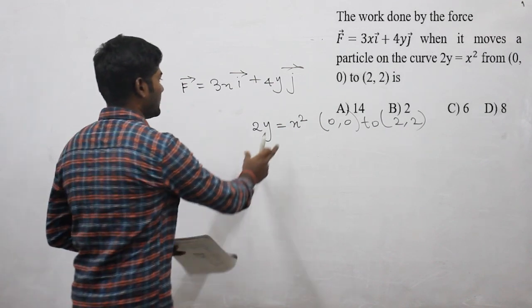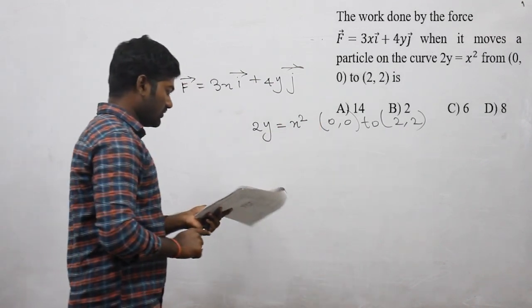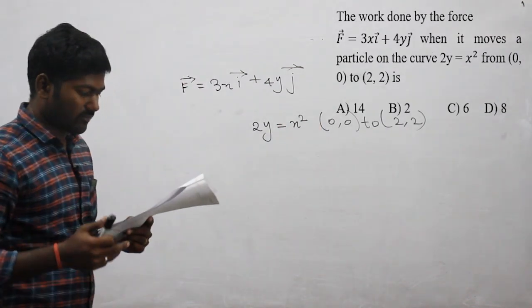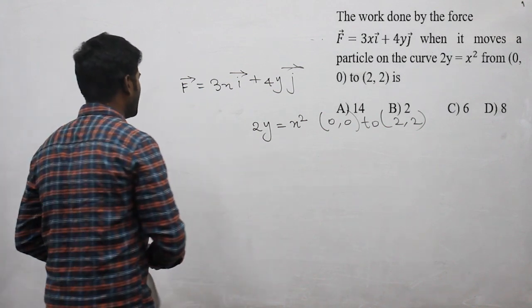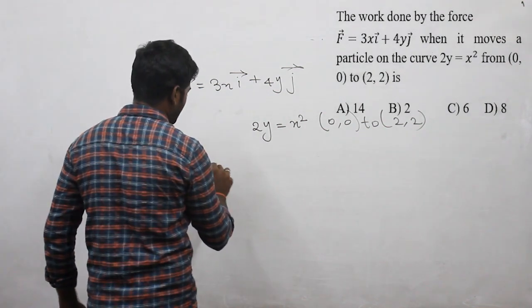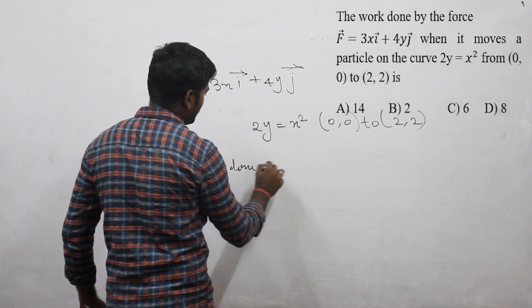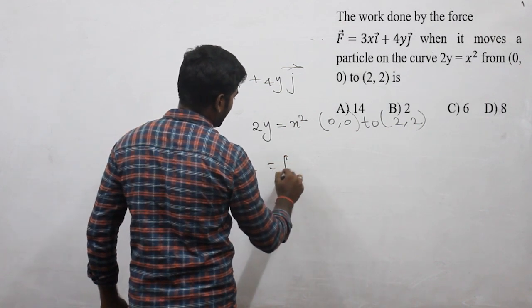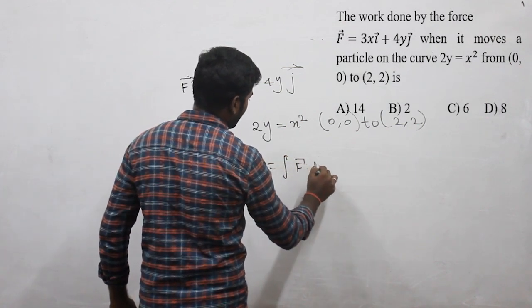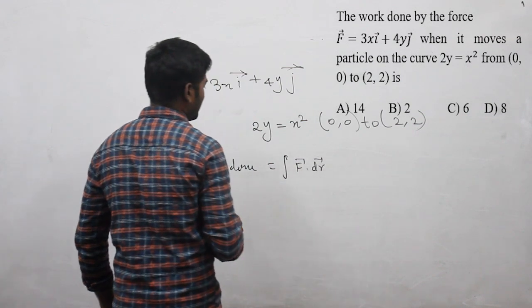They have given this curve and point, right? So they are asking the work done by the force. Work done by the force means, you know what is the formula of work done? Work done equal to integral of F vector dot dr vector.